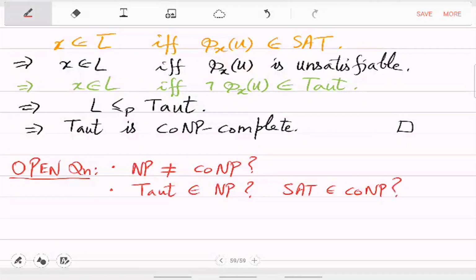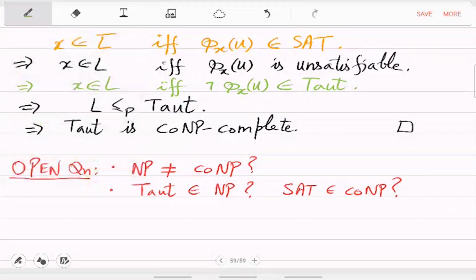These are all the same questions, because if tautology goes inside NP, then everything in co-NP goes inside NP. So co-NP becomes equal to NP. If SAT is in co-NP, then whole of NP is in co-NP, so they become equal. Okay, so whether all these concepts are the same or different, that's the open question.